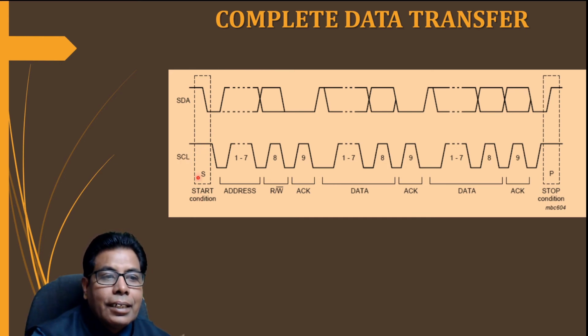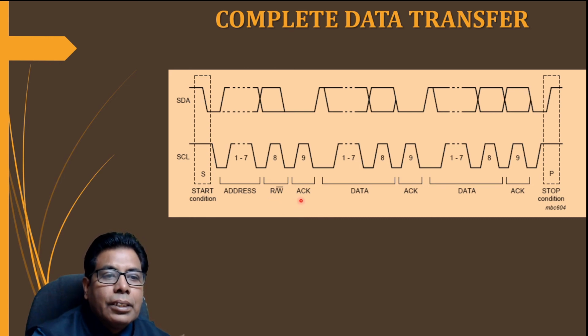And then we have the 7-bit address, which will be carried by the data line. And then we have the read write bit, RW bit. So if it is 0, then it will be the write operation. If it is 1, it will be the read operation.